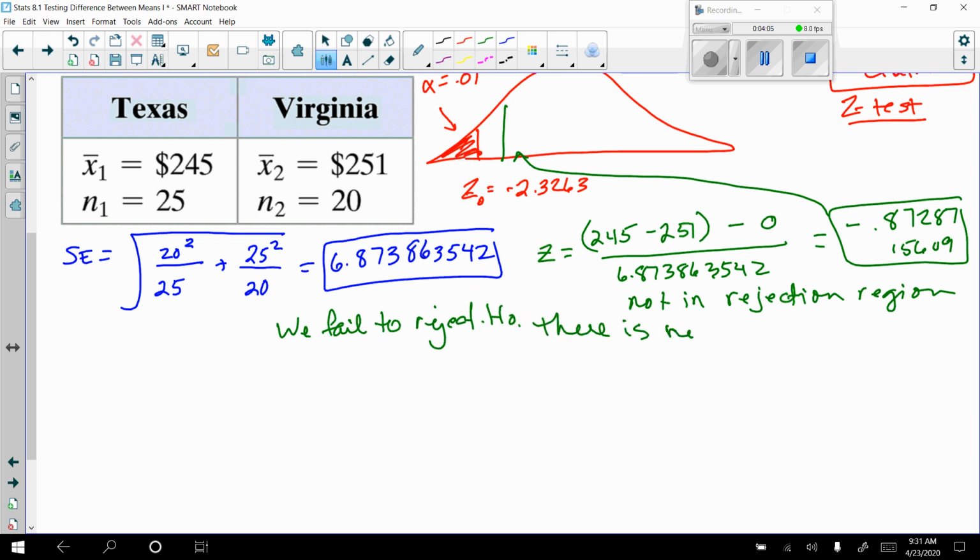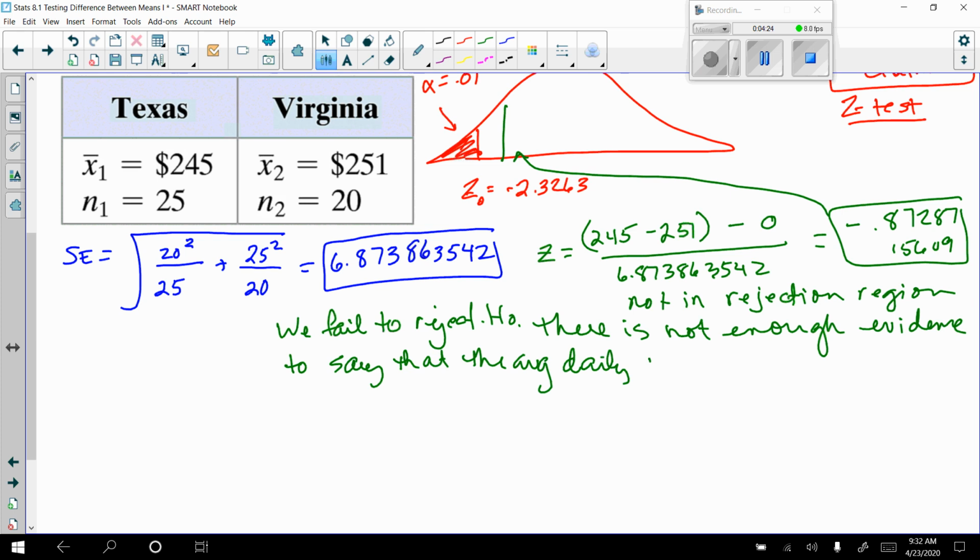There is not enough evidence to say that the average daily costs of meals and lodging in Texas is less than in Virginia.